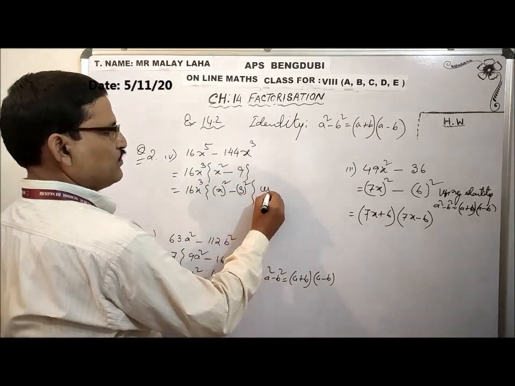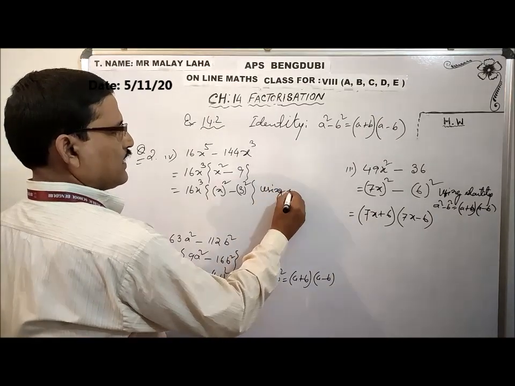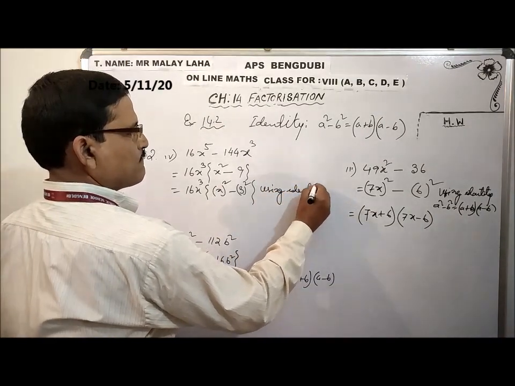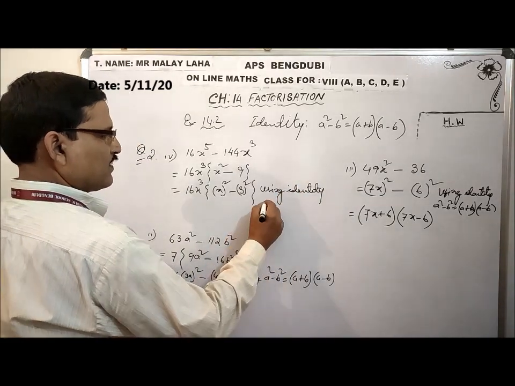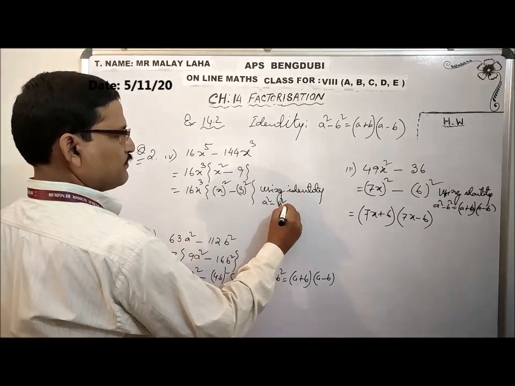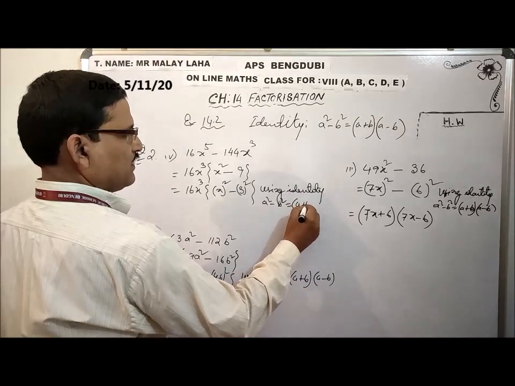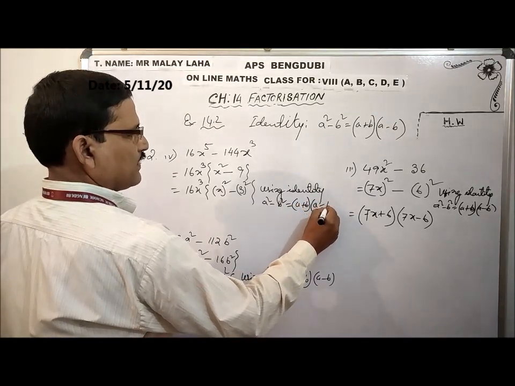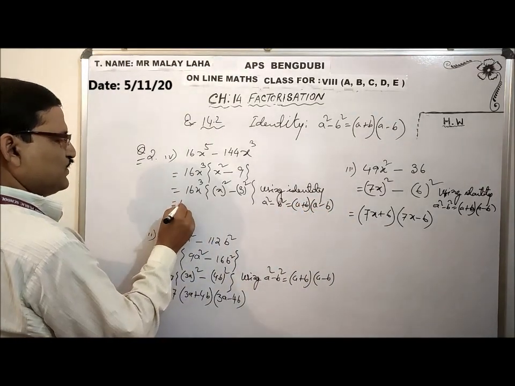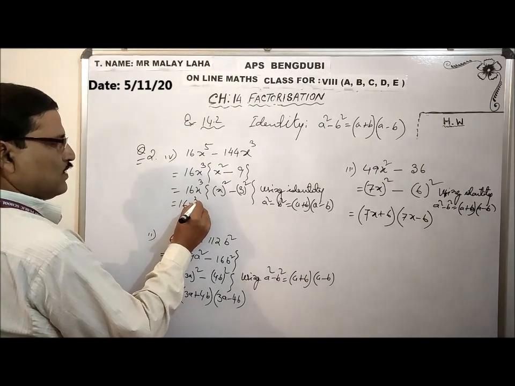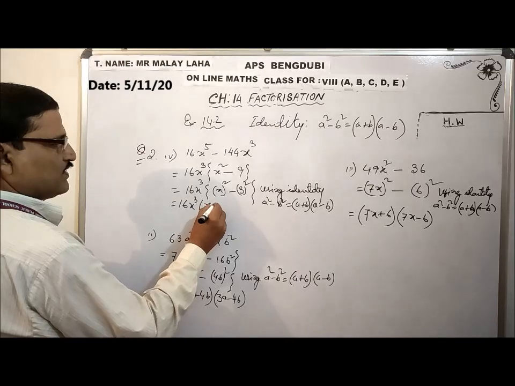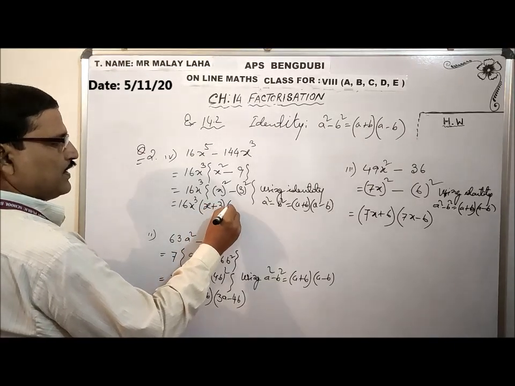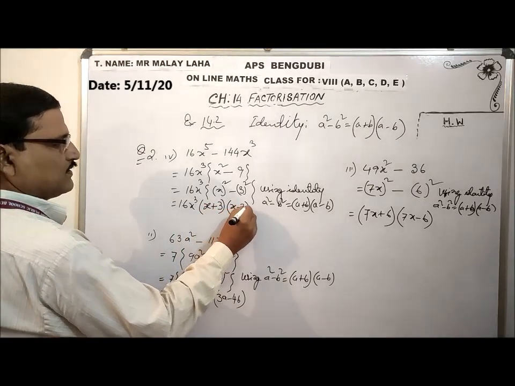Now you write down using the identity a square minus b square, a plus b into a minus b. So 16x cube, okay, x plus 3 into x minus 3.